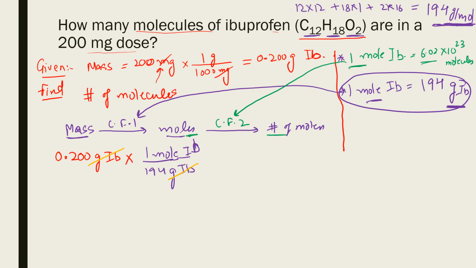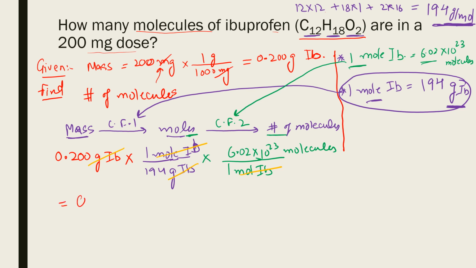So multiply by the next conversion factor. The next conversion factor is between moles and number of molecules. So moles are on top, so therefore here we will write 1 mole ibuprofen down here, and on top will be 6.02 times 10 to the 23 molecules. So let's cancel moles with moles, and let's clean up this equation.